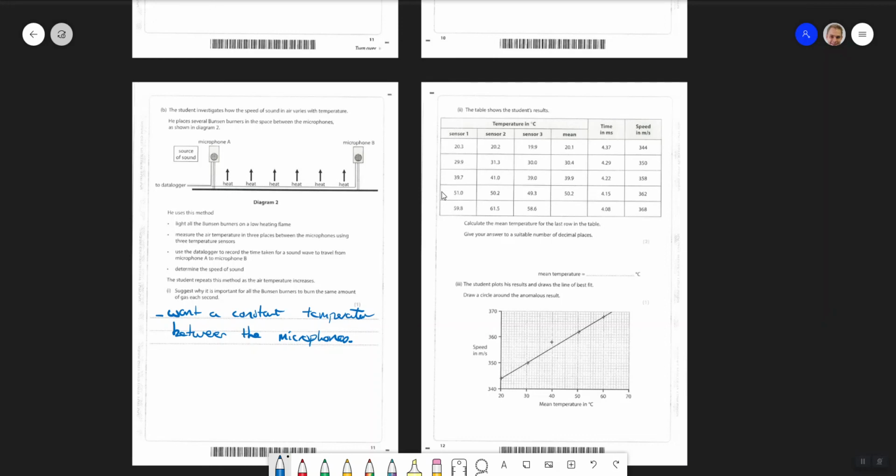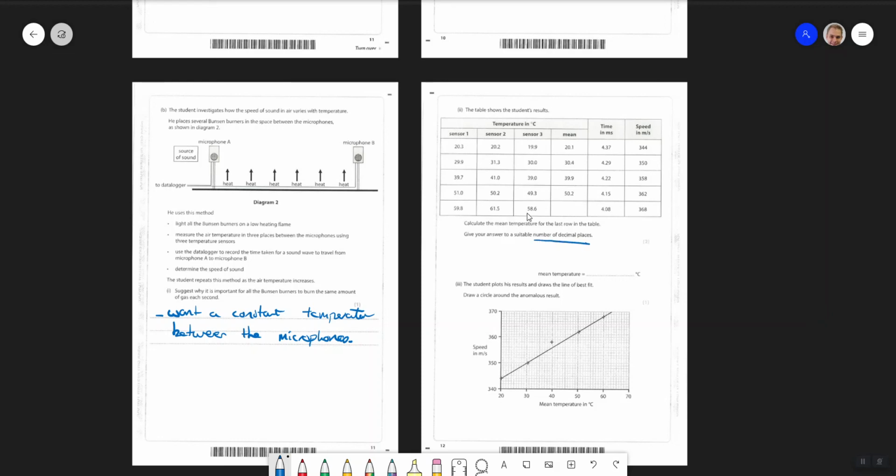a table that shows the student's results. Calculate the mean temperature for the last row in the table. Give your answer to a suitable number of decimal places. So you have 59.8, 61.5, 58.6. The average of that comes out, I believe, as 59.97. But you want this to a suitable number of decimal places.